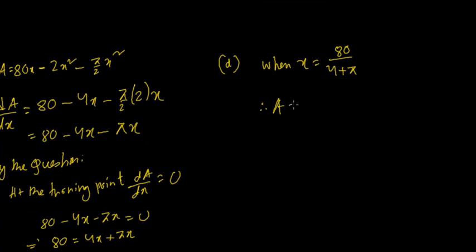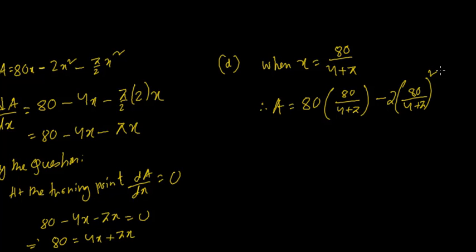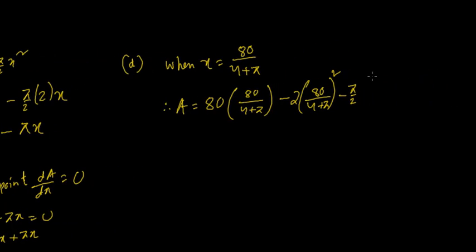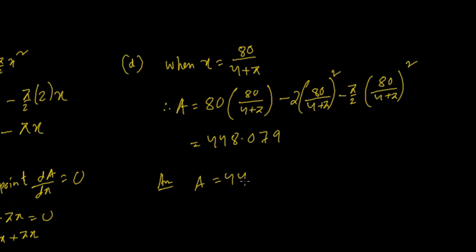A equals 80 times 80 by 4 plus pi minus (2 plus pi by 2) times 80 by 4 plus pi whole squared, which gives 448.079. Area to the nearest whole number is 448 meters squared. So that's the answer.